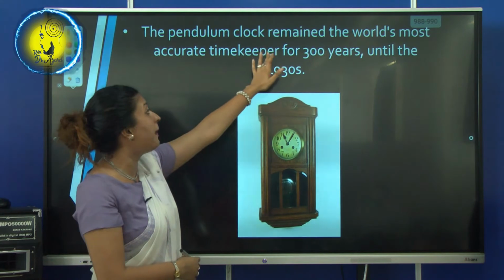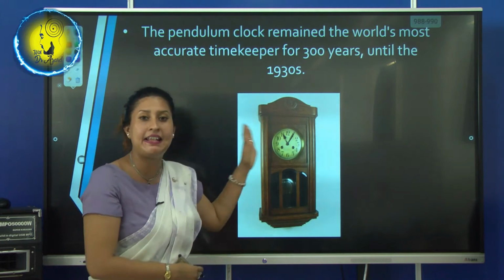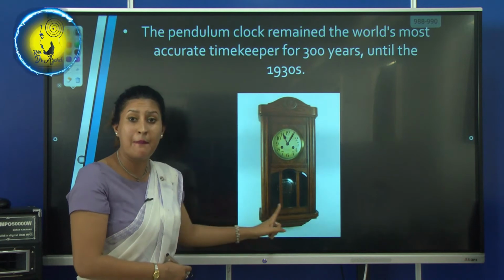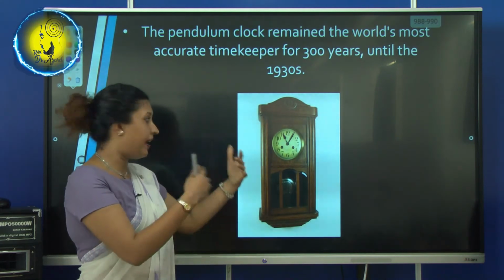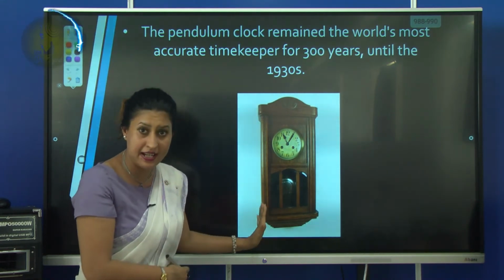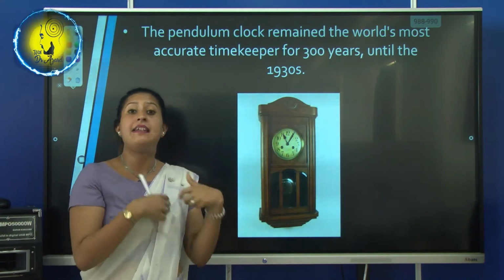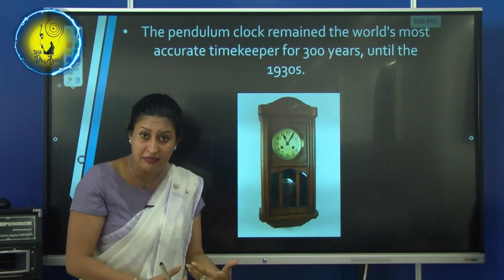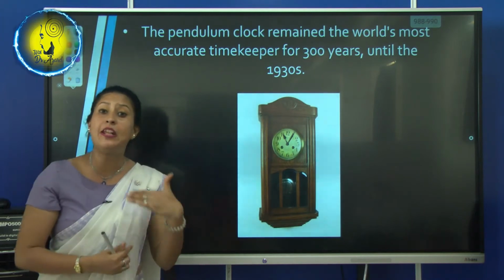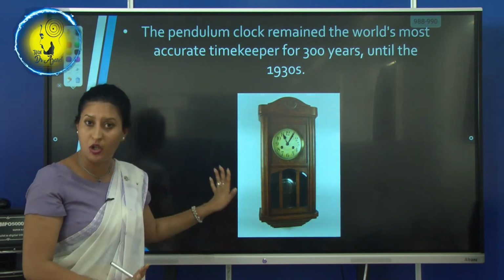The pendulum clock remained the world's most accurate timekeeper for 300 years, until the 1930s. So for this they managed to do the sketch, and this came out of their sketch. Understand? Galileo Galilei described the sketch to his son, and then they both died after some time. So the first pendulum clock was built by Christian Huygens. This is a picture of it.